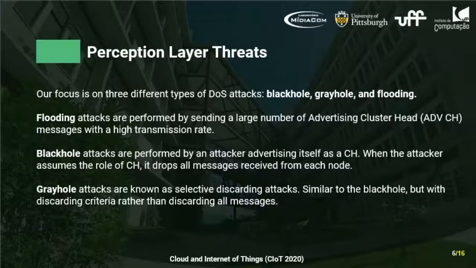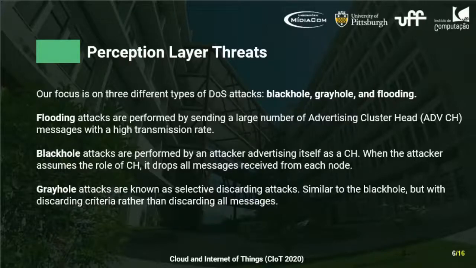So in the perception layer there are a lot of attacks that can be launched, and we will focus on three kinds of DoS attacks, three kinds of denial of service attacks. The first one is flooding, and in flooding the attackers usually perform it by sending a large number of messages.